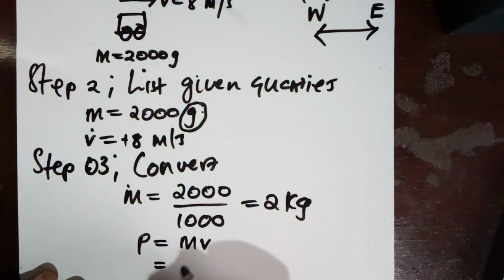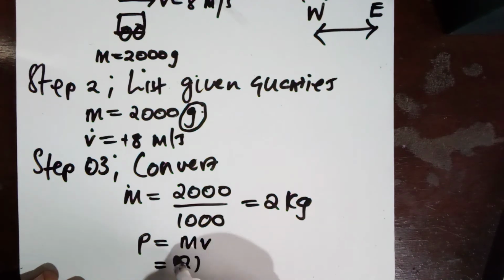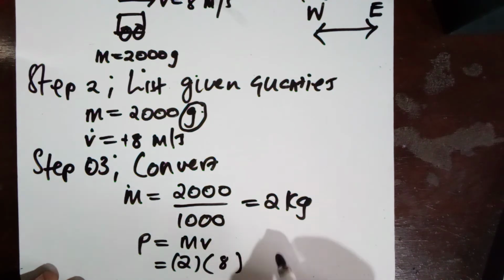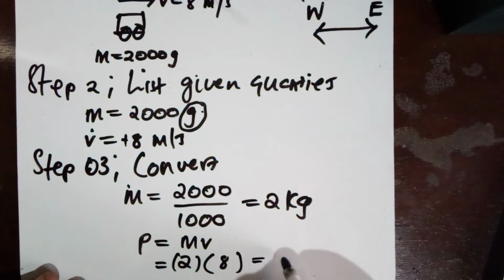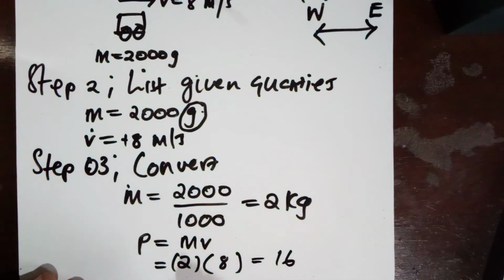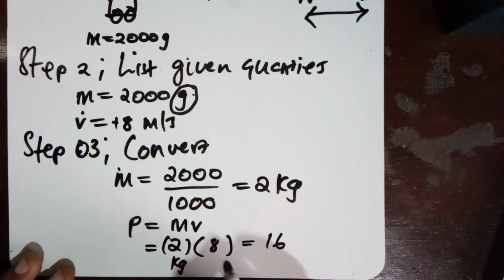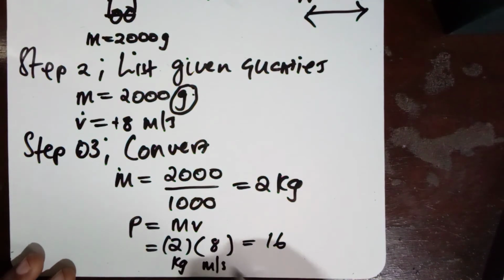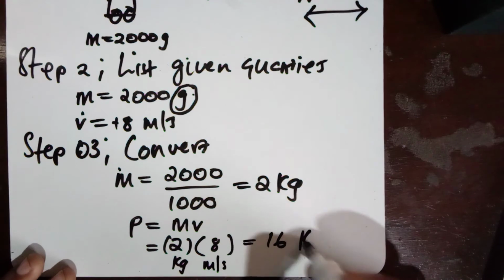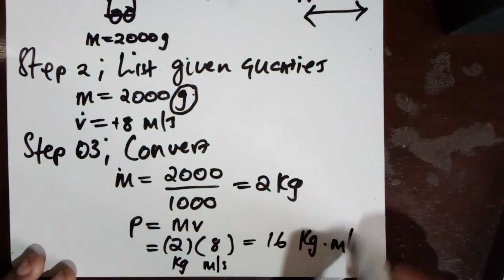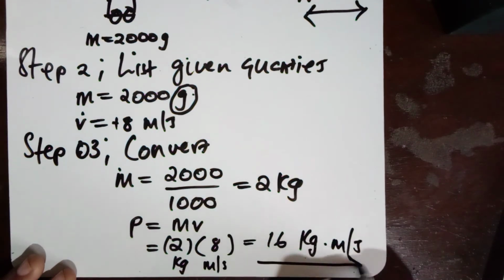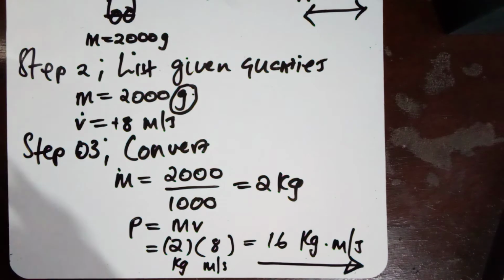We have m as 2, times the velocity of 8. 2 times 8 is 16. The SI unit for mass is kg and for velocity is meters per second, so this is 16 kg meters per second, the unit of measure for momentum.